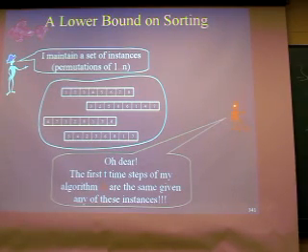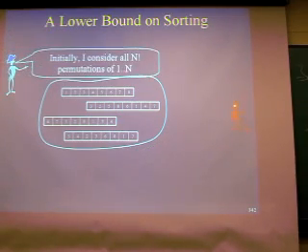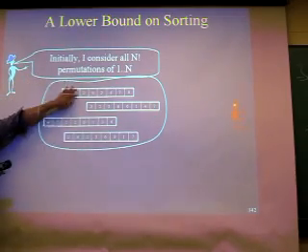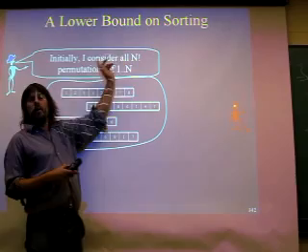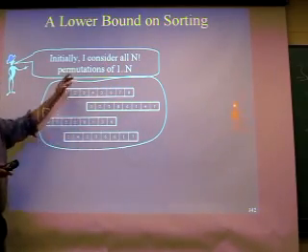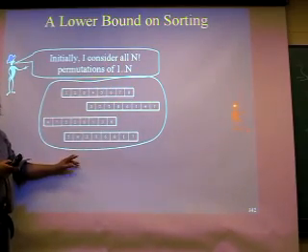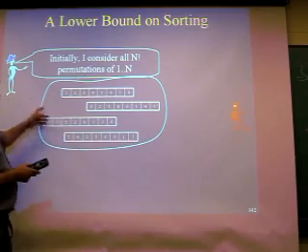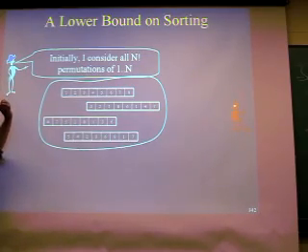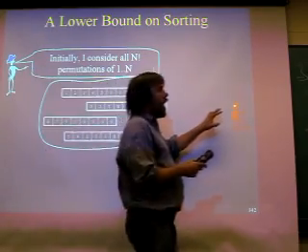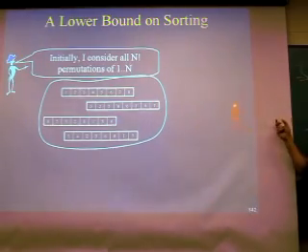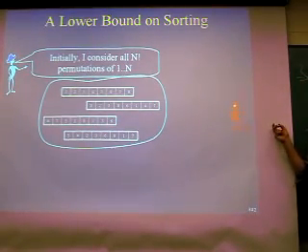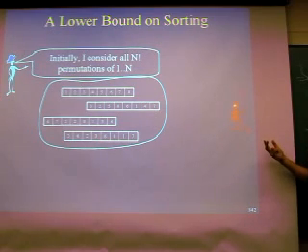And I have to establish it at the beginning, and I have to get the postcondition from it at the end. So initially, I put in here all n factorial possible inputs, all the possible permutations, and t is 0. So what he does for the first 0 time steps is the same on all inputs.